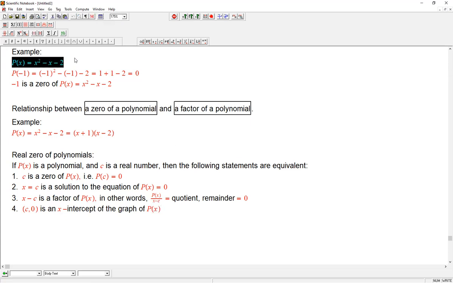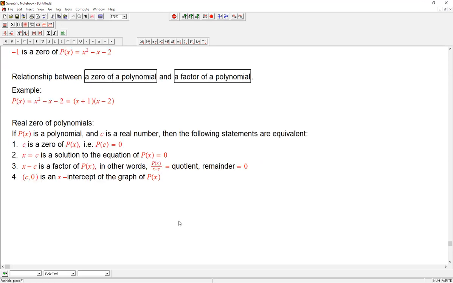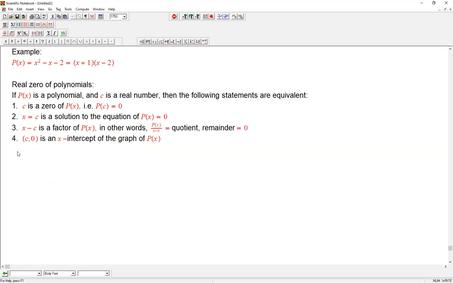To illustrate this, we're going to use that quadratic example, this function. Of course, all of these have been proved theoretically very thoroughly. We use the example to illustrate because we want you to understand what it means.